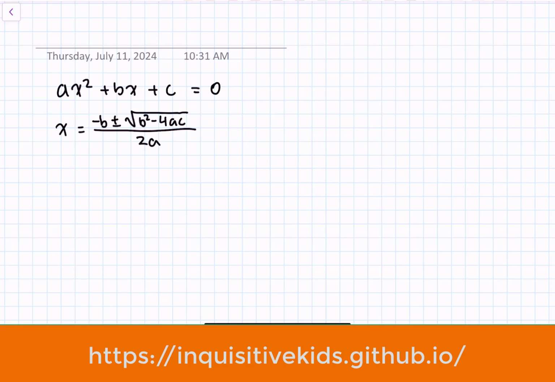And another thing I want to talk about is this thing inside the square root. This b squared minus 4ac is called the discriminant of the quadratic equation. And this is important, because we can use it to find how many solutions there are to the function or the equation.